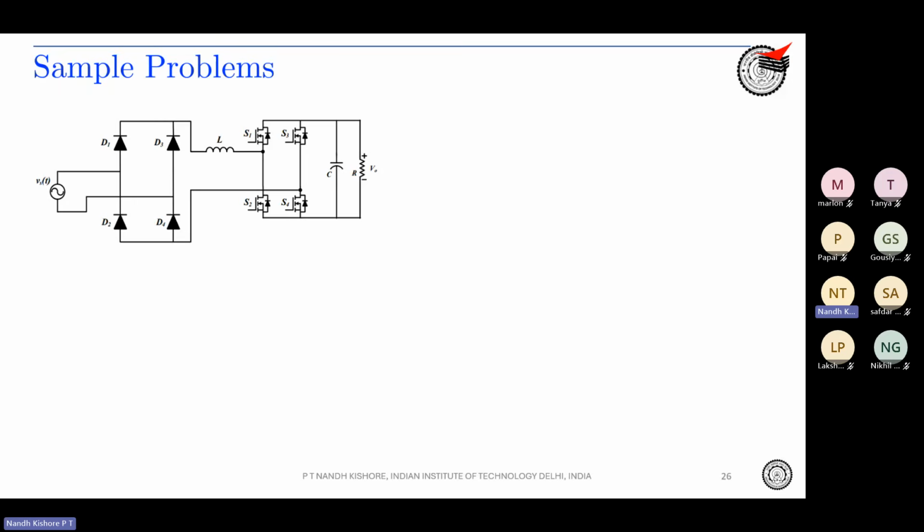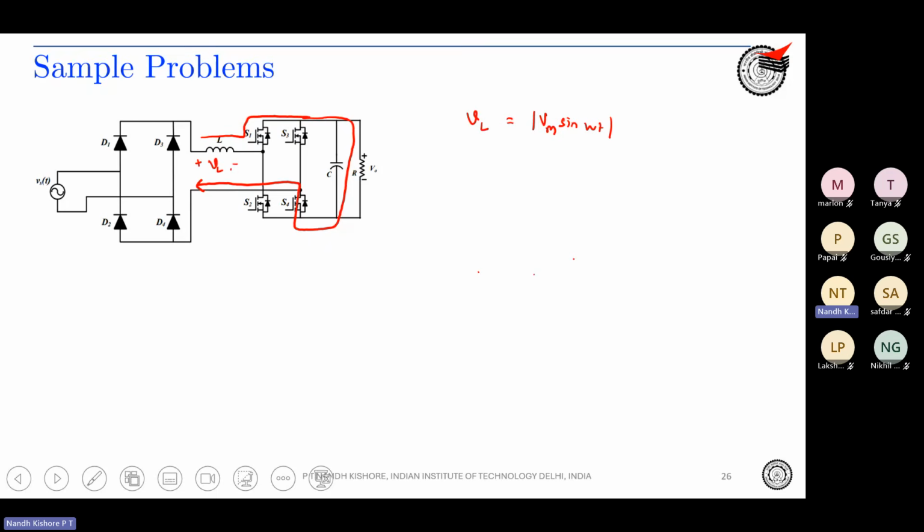So what is the L charging path? When the inductor charges, S1 and S4 are turned on. So your inductor current would flow through S4 and back. This would be the L charging path. What would be VL? VL would be the input, |Vm sin omega t| as usual, but the negative side is getting connected to the output.